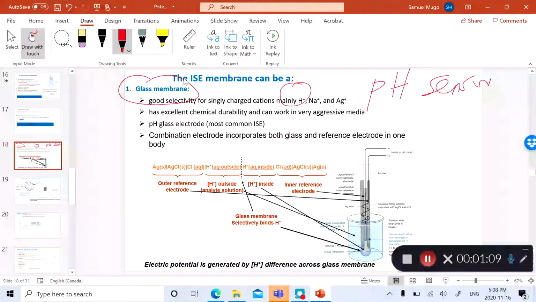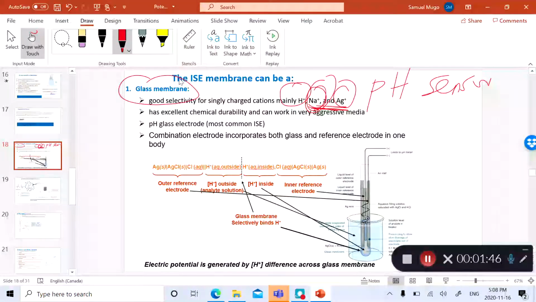It also tends to respond a little bit to sodium ions and also things like silver ions, and so you would find the pH electrodes tend to interfere with sodium ions. So particularly when you're trying to analyze salt water or seawater that has a lot of salt in it, you often tend to get the pH electrode being fairly inaccurate because of that interference.